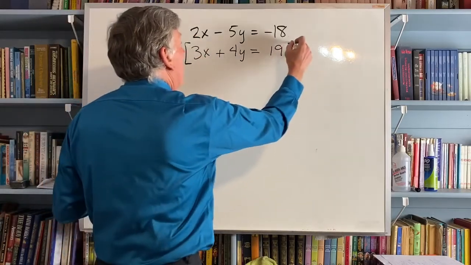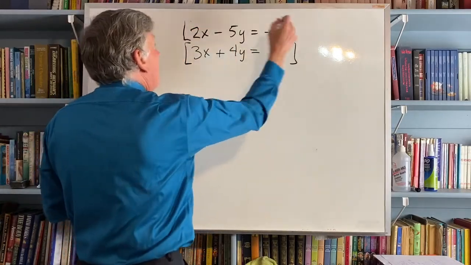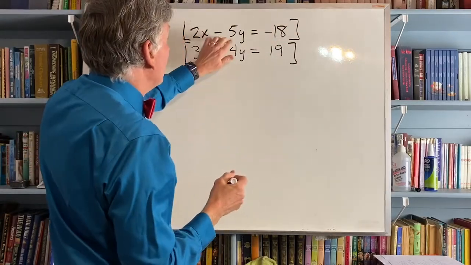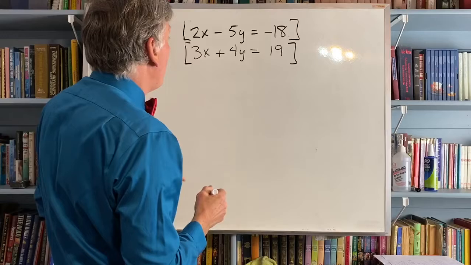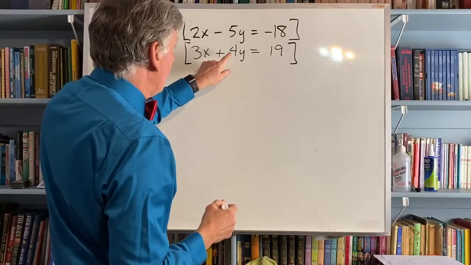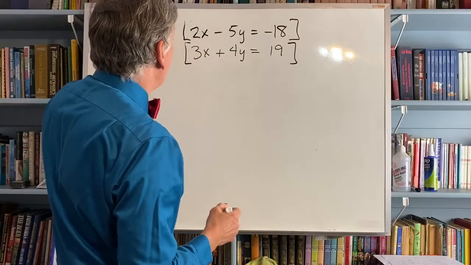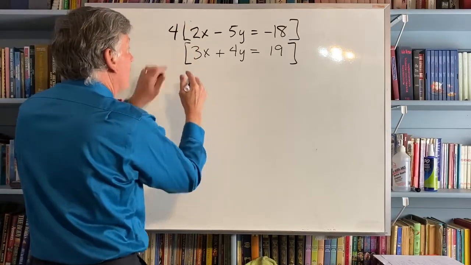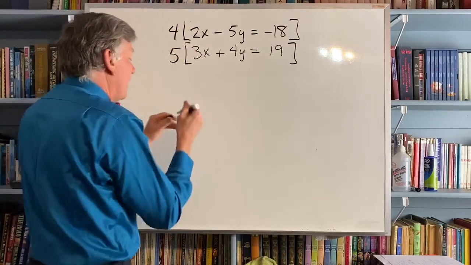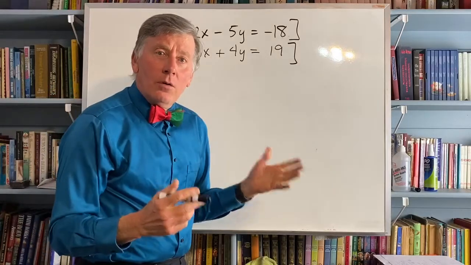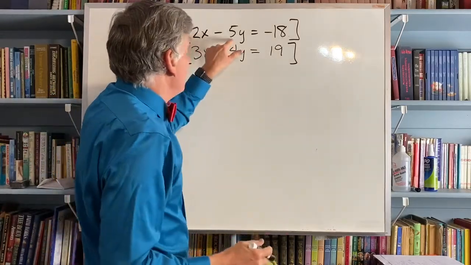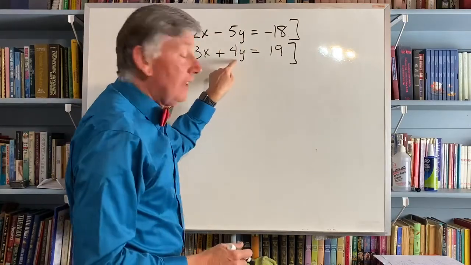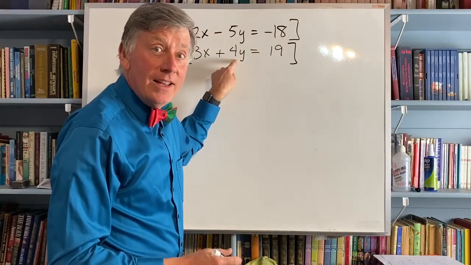I'm going to multiply both of these equations by a number that's going to allow me to get rid of the y. What I see right now is I want to multiply this equation through by 4 and this equation through by 5. When I do that, I'm going to get a minus 20y here and a plus 20y here.